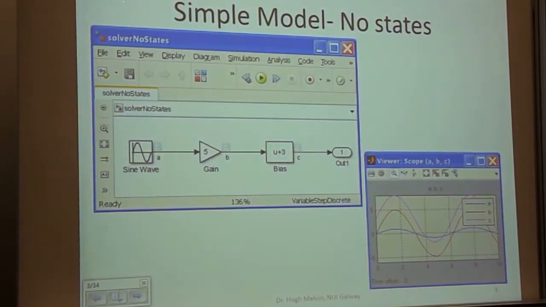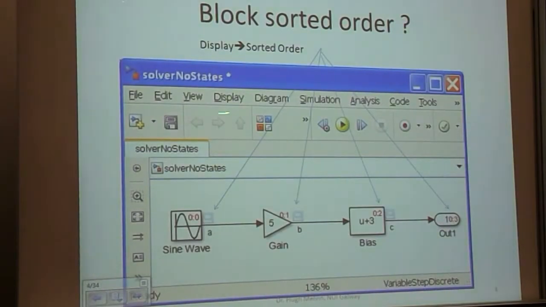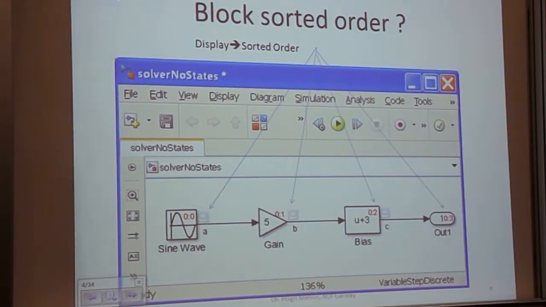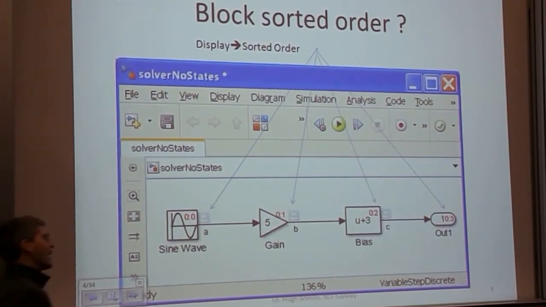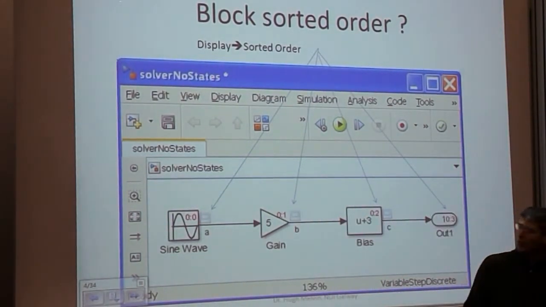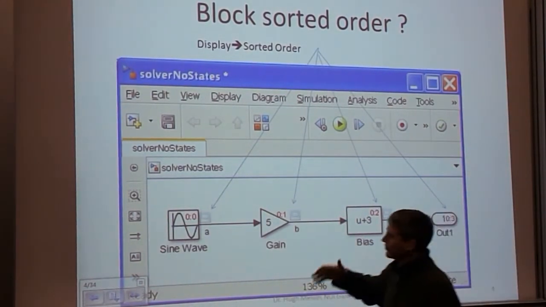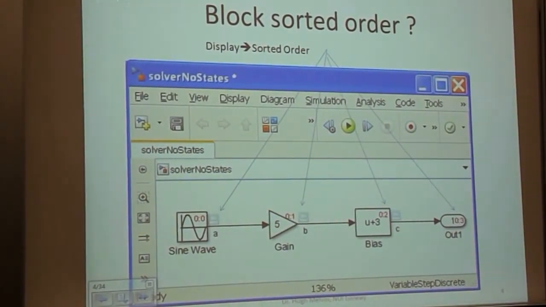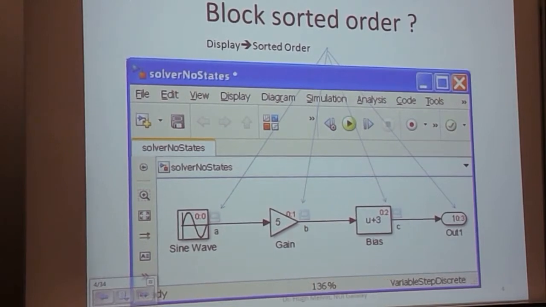So if you look at display here and you click on that, you'll see it allows you to look at the block sorted order. So in other words, you're asking Simulink, in what order did you run through your model? And because there's no state, there's no memory here. You have an input and you have an output for each step.